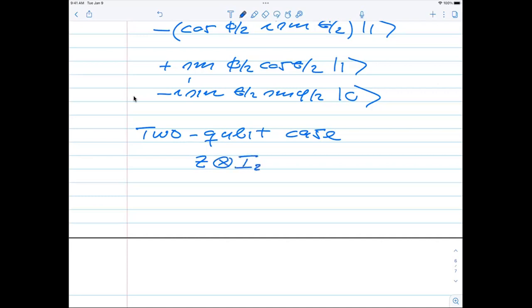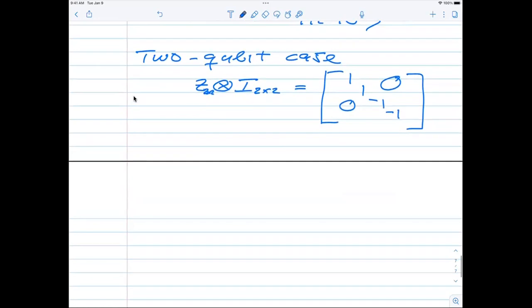This is a 2x2 matrix, identity matrix, and this is obviously a 2x2 matrix. And if I set this up, this is going to be given by 1, 1, minus 1, minus 1, and then I have zeros for the rest. So this is a typical matrix which appears in the Lipkin Hamiltonian.